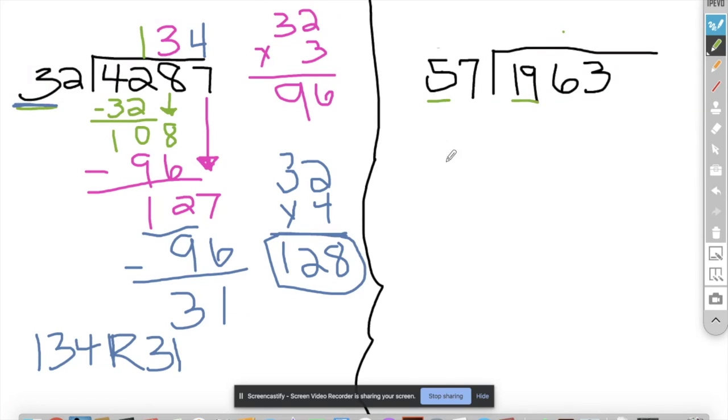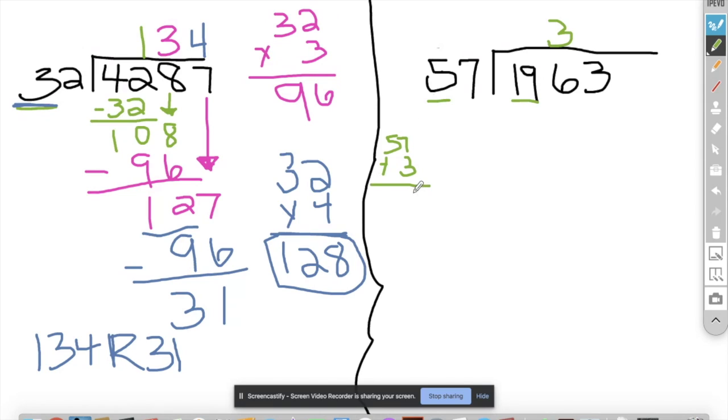So let's try, I can make 3 groups. So I'm going to come over here to above the 6 and go 57 times 3.